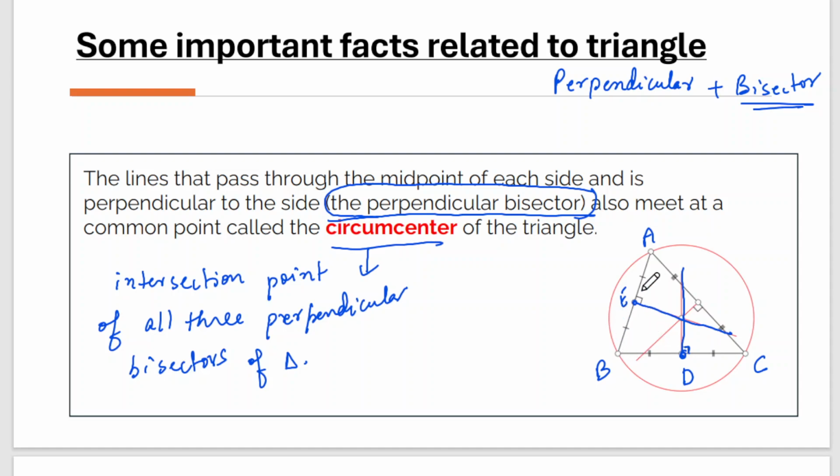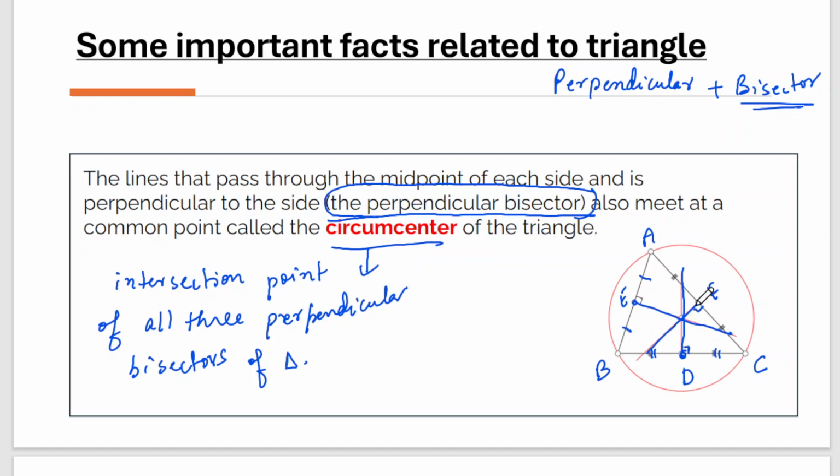Okay, midpoint always divides the side into two parts. Always remember. Okay. Now, on AC, I have drawn a midpoint F and drawn a perpendicular to AC.